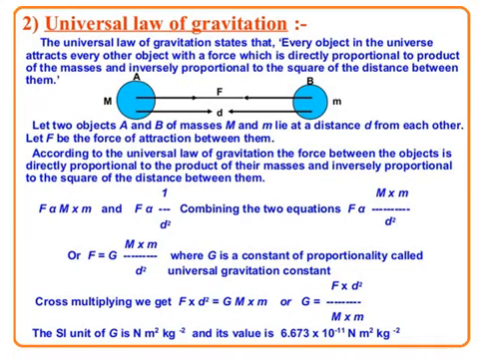So the value of the universal gravitational constant is 6.67 into 10 to the power minus 11, and the unit is Newton meter square per kilogram square. The units are taken from the formula that it has been formulated with.